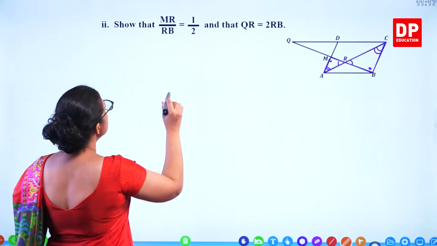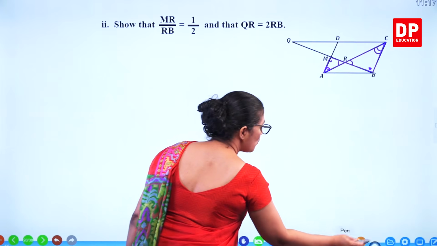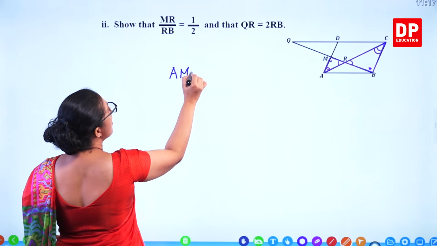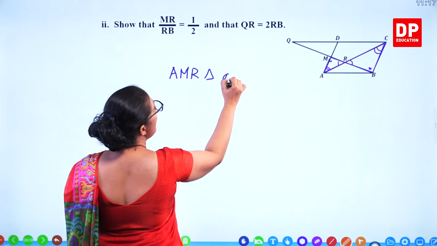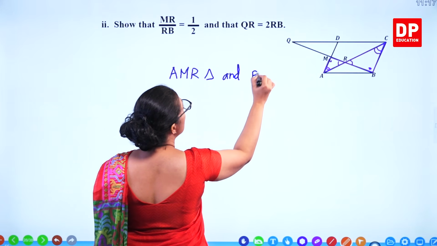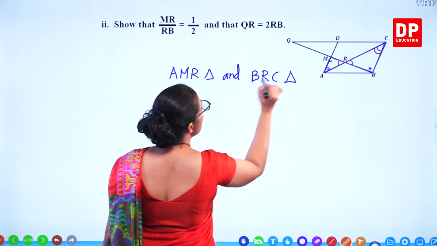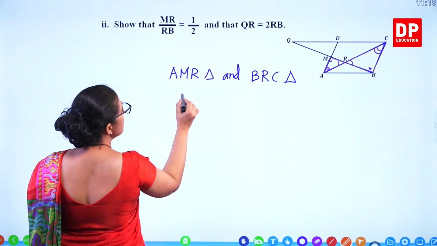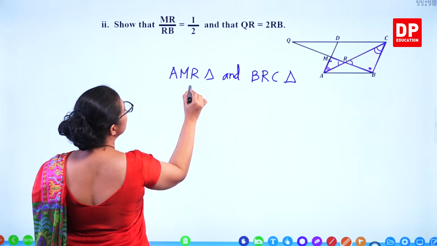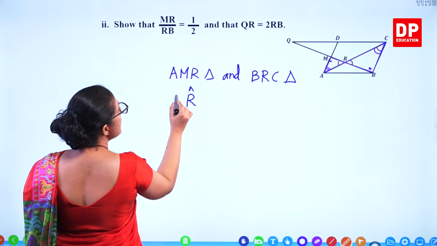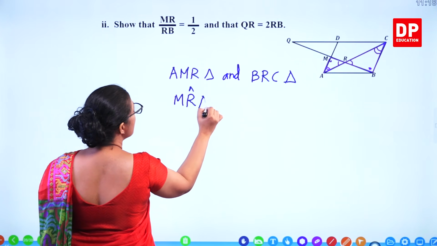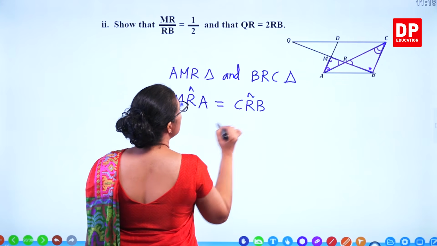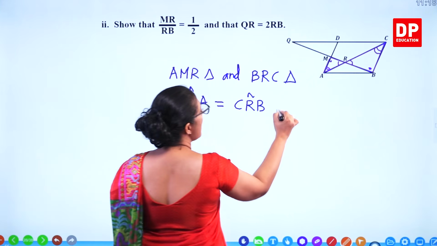Equiangular. So we'll take first that one. AMR triangle and BRC triangle. You can say R angle, that means MRA, CRB equal, opposite angles.